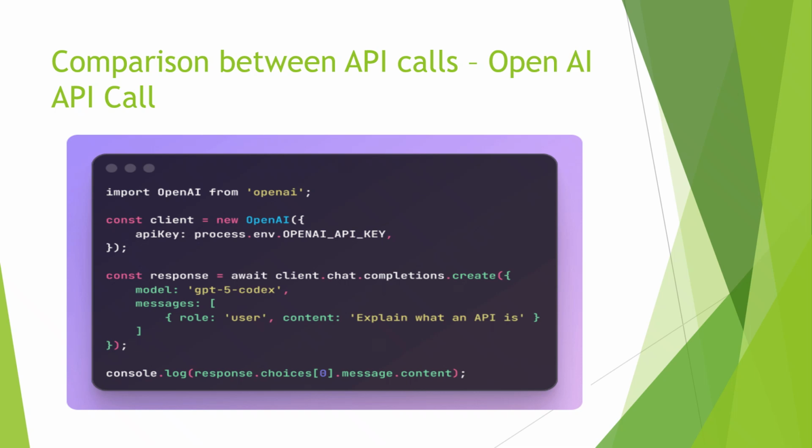We can specify the model and get the response. So let's check what changes we can make in case we use OpenRouter instead of OpenAI.